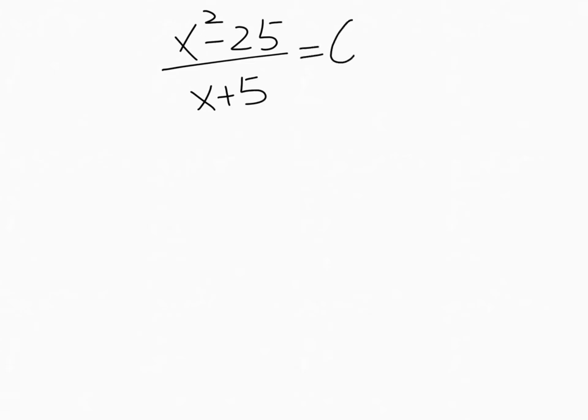Question number 9, x squared minus 25 over x plus 5 equals 6. You might be wondering, how come the quadratic term at the numerator on top does not have the linear term? Remember I said something about x squared plus 0x minus 25.